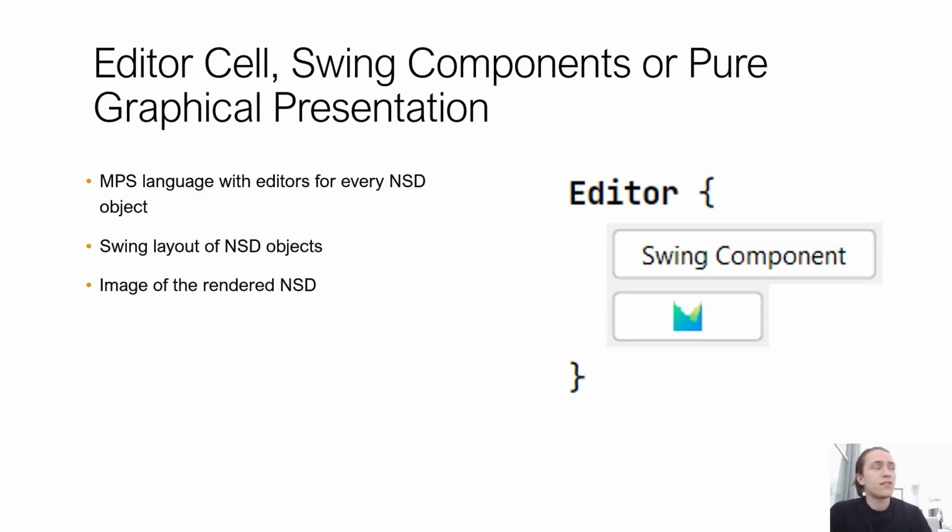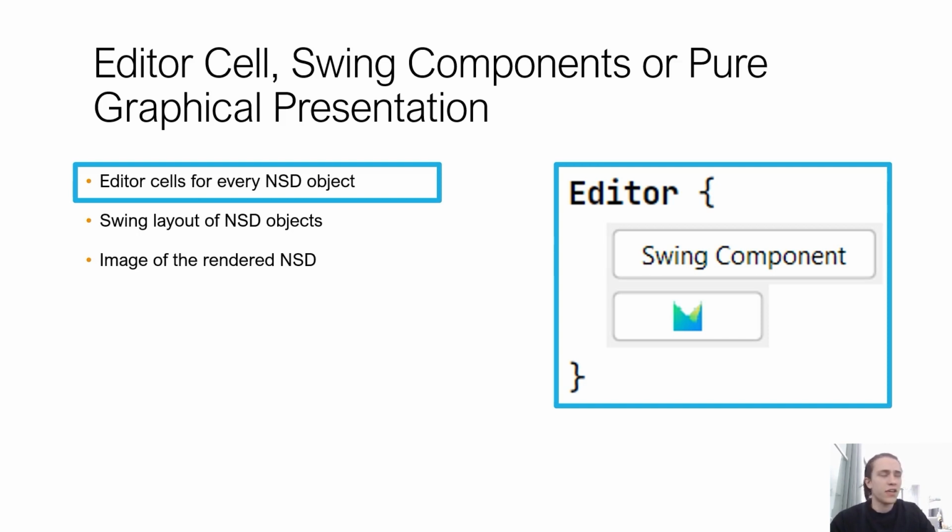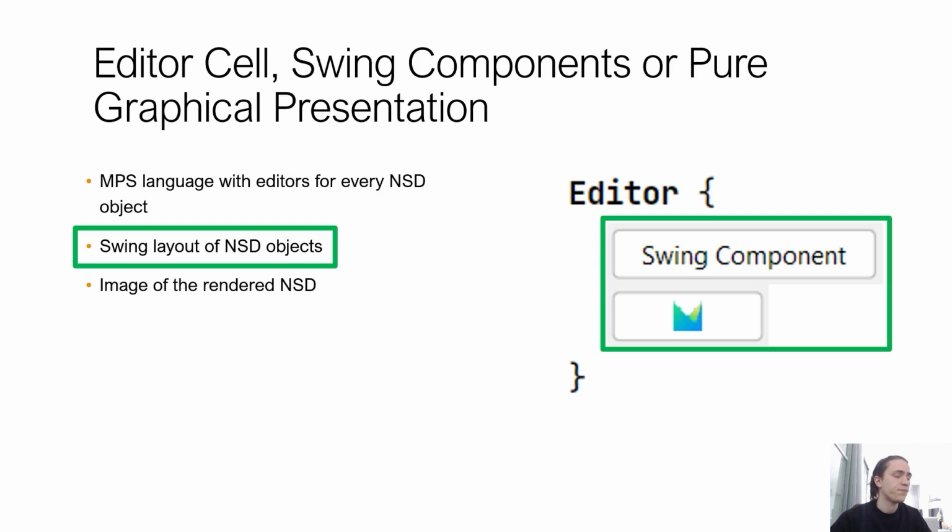The next interesting challenge was how to present the diagram. I came up with three ways to do that. First off, I could create custom editor cells for every symbol. That means me translating the entire library into an MPS language, or just the editor cells, and building them for every symbol.